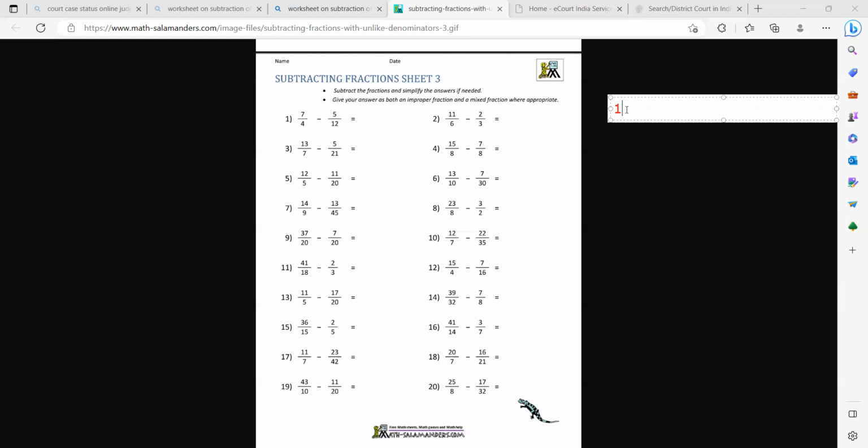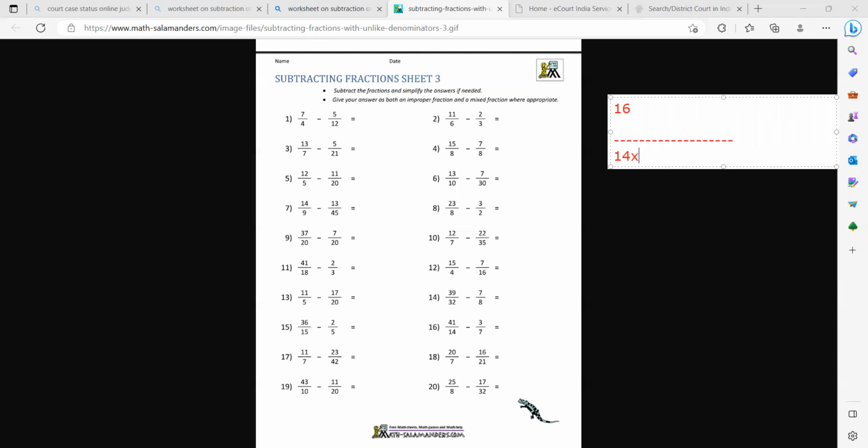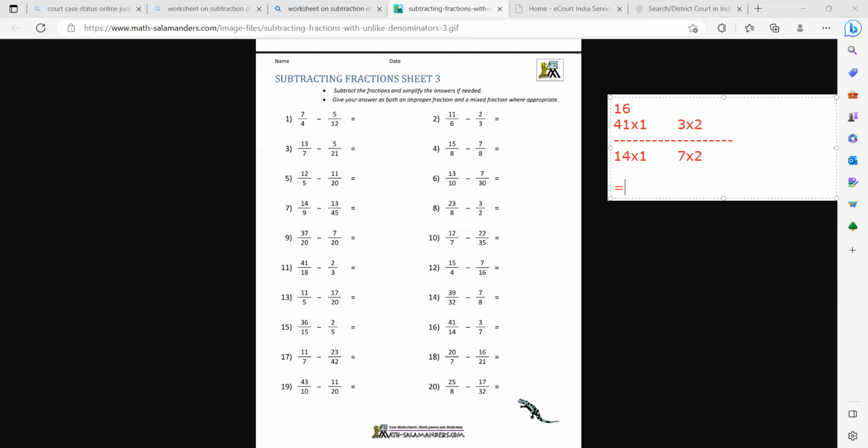Number 16, what we have? The LCM will be as usual 14. So 14 into 1 and what else? 7 into 2. Then again 41 into 1 and 3 into 2. So the LCM is 14.